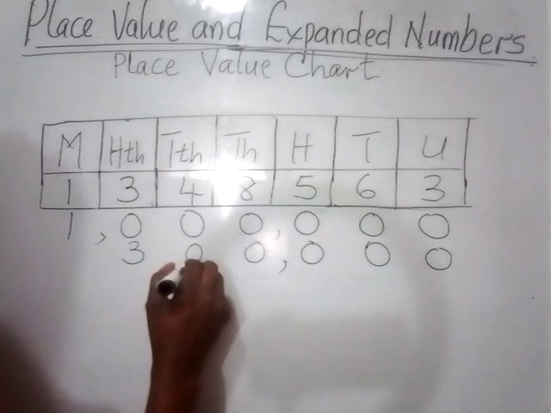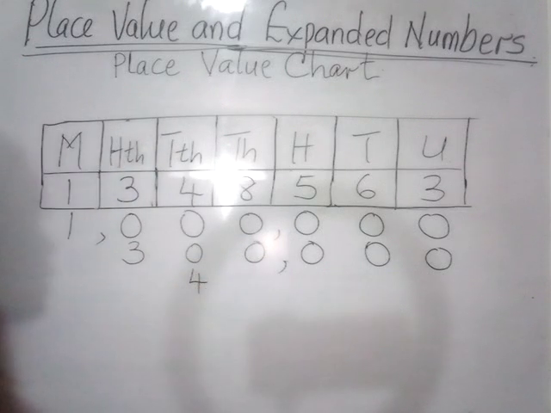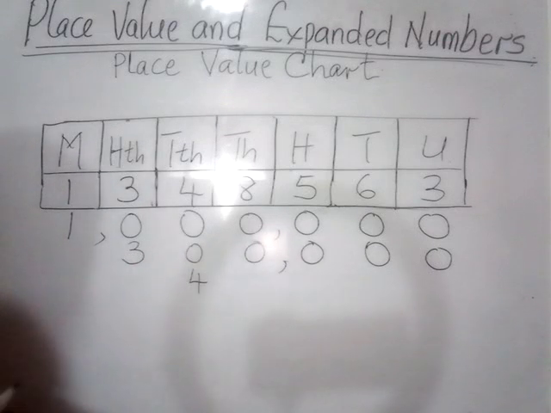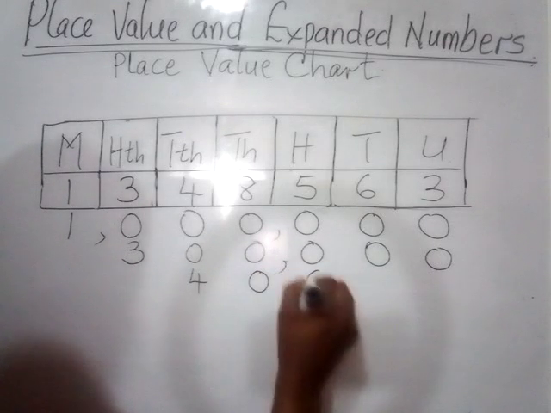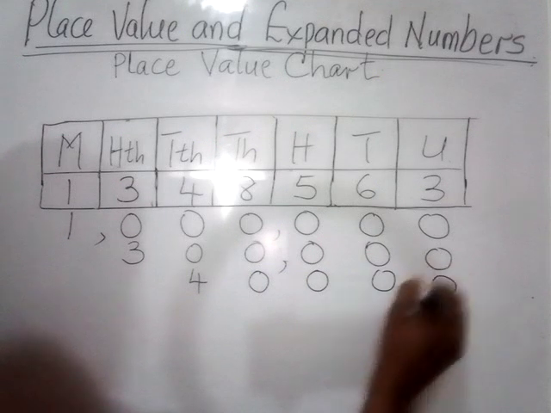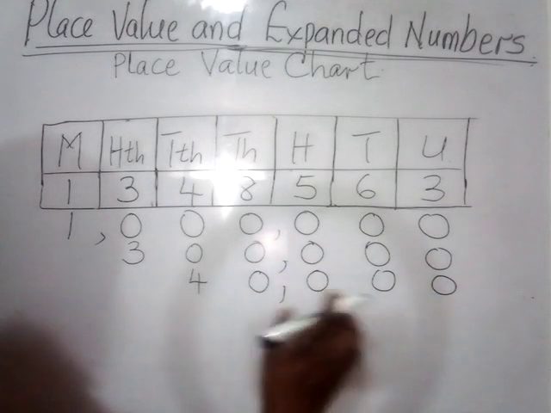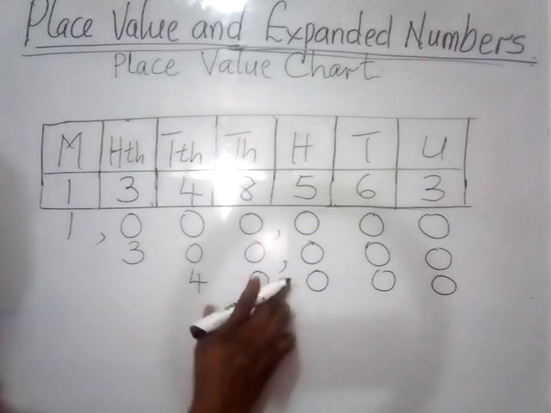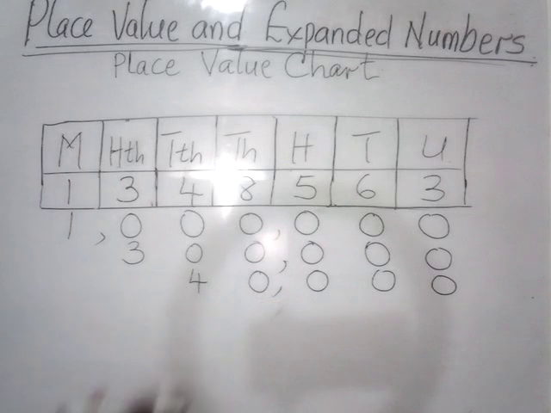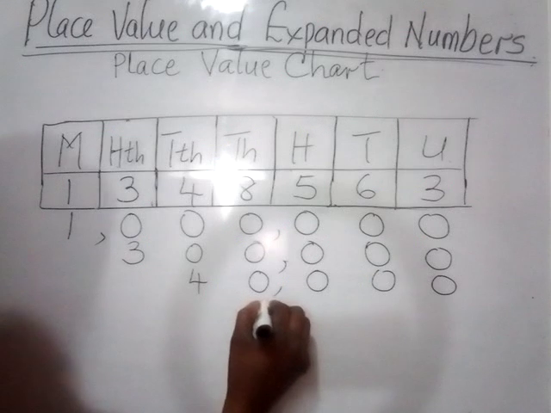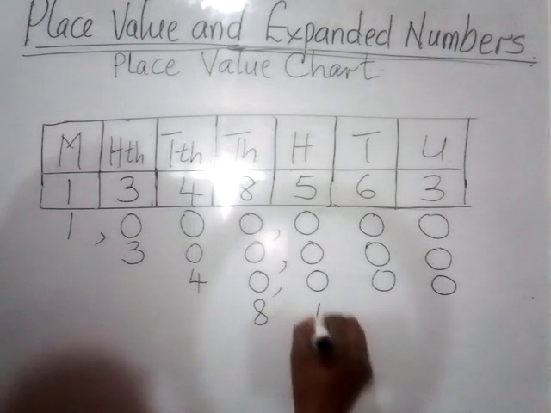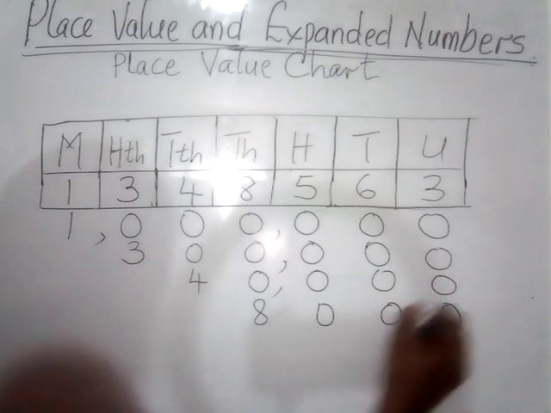The next digit is 4. So 4 comes right where it should be, a step towards the right of the digit 3. And then every other digit after 4 becomes 0. And again, after counting 3 from the right towards the left, you place your comma. Now the next digit is 8. You place it where it should be. Every other digit again becomes 0.